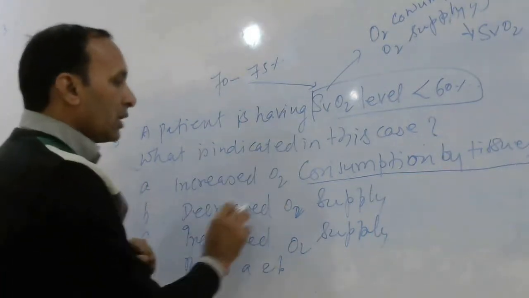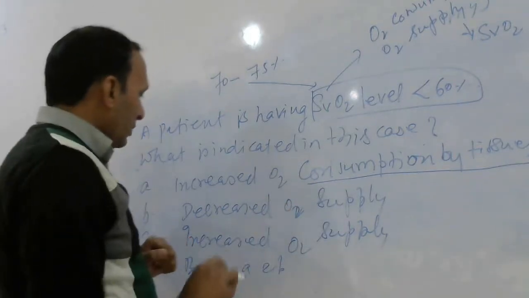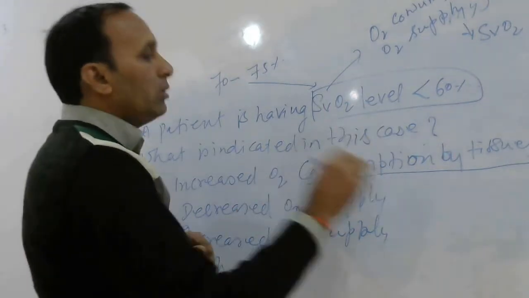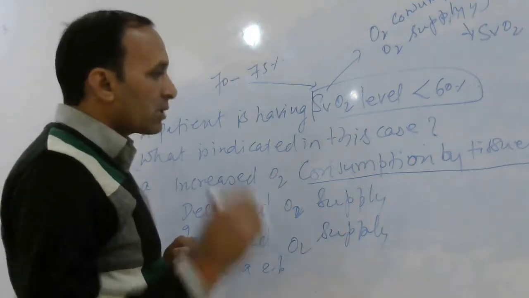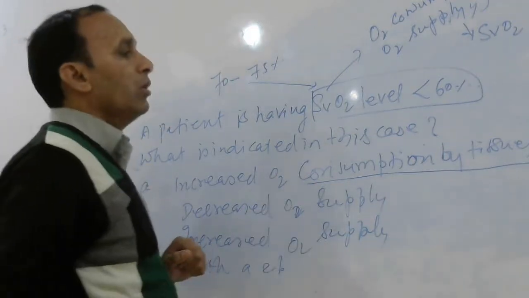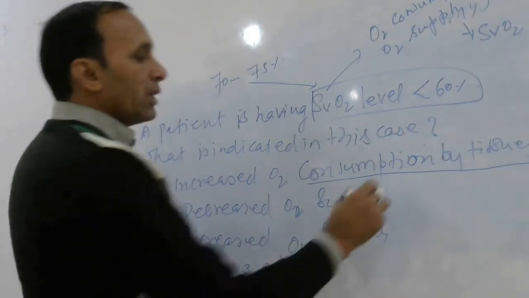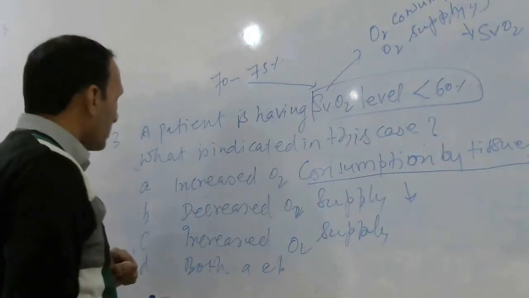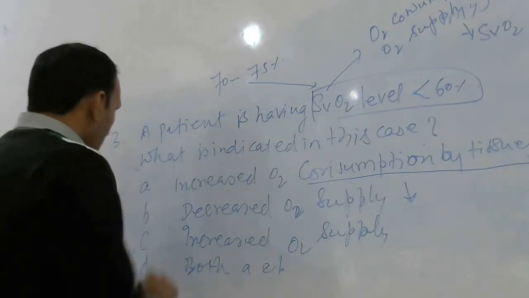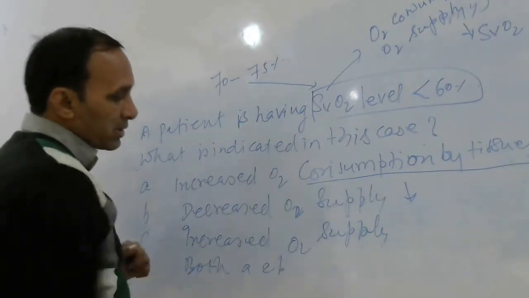B option, decreased oxygen supply. If the patient's tissues are not getting adequate oxygen or adequate oxygen is not supplied, in that condition also in the venous blood oxygen level will be dropped, decreased. So this can also be a true option. Then C, increased oxygen supply.